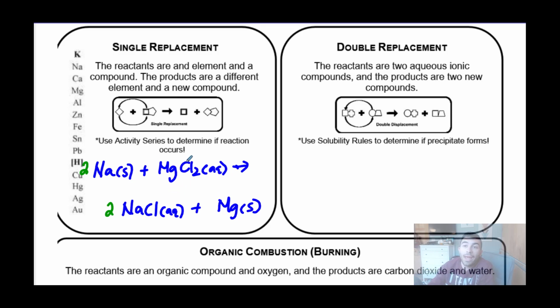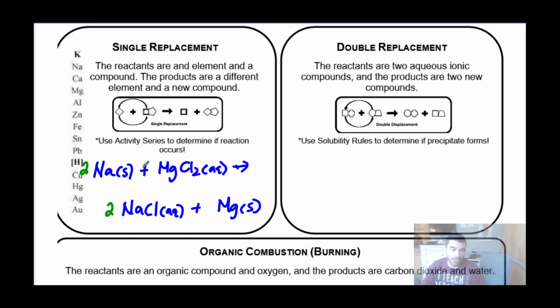If it was the other way around, magnesium plus sodium chloride, we'd predict that it probably won't happen, right? Because magnesium is less active or less reactive than sodium. And we talked about redox in this chapter, and we're going to review that next. But ultimately, the stability piece here has to do with redox. Which element is more likely to oxidize or reduce?